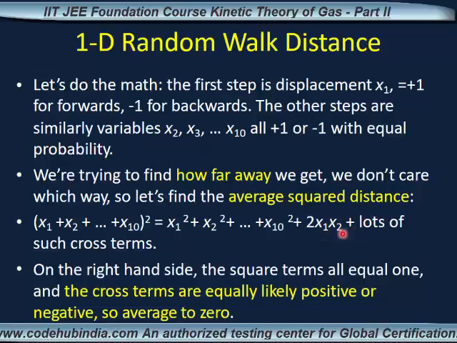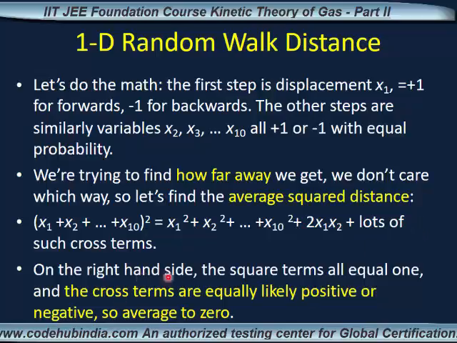If x1 is 1, x2 is minus 1, and x2 square, minus 1 squared, equals 1. Clear?